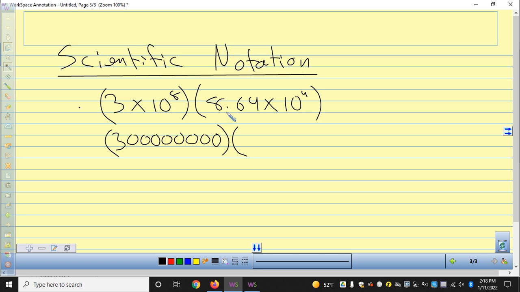And 8.64 times 10 to the 4th means 864, and I'm moving the decimal place over 4. 1, 2, 3, 4. So this is 86400.